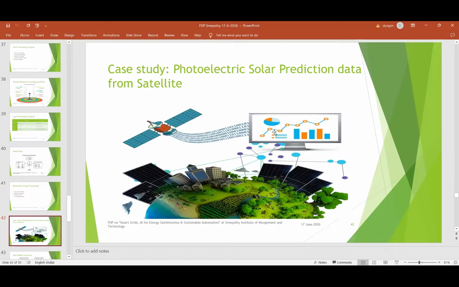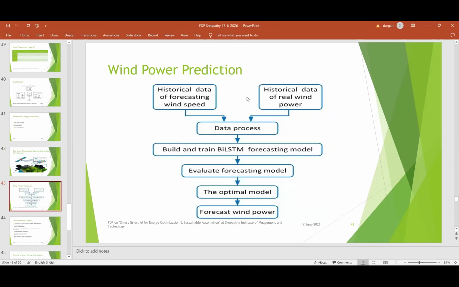So the energy demand is shown in the diagram. Okay, so just giving the idea, and these works can be done very efficiently for research works. So this is the model I have explained already, and it is used for wind power prediction.